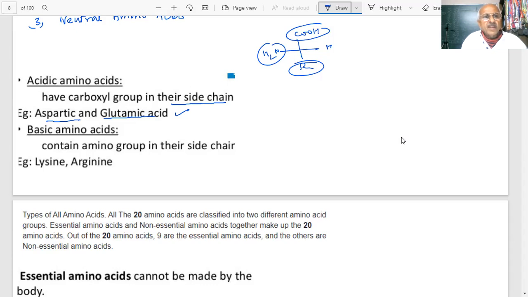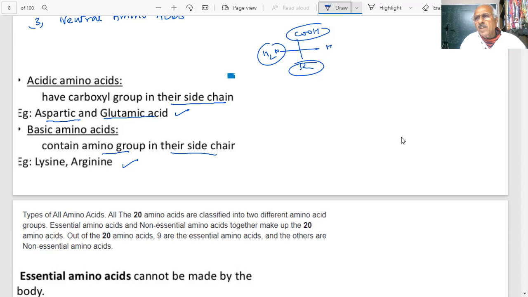And basic amino acids contain an amino group in their side chain. There will be some compounds which have an NH2 group here. Lysine and arginine are examples of this. In the book's table, there are 20 amino acids and their nature is given. Do all 20 have to be learned, or can two examples be learned?